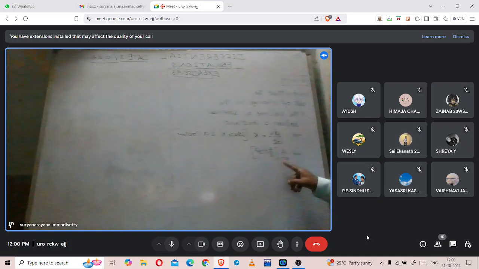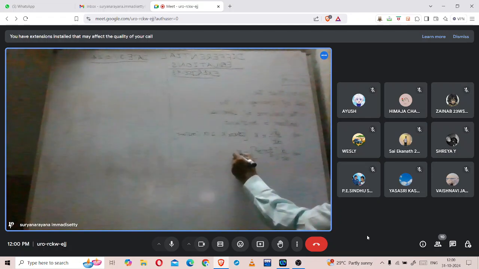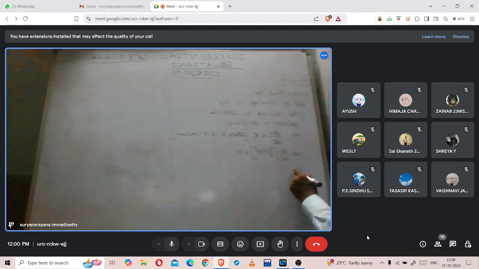So d by dt of 4 by 3 pi r cube is equal to k. Then differentiate this function with respect to t. What will you get? 4 by 3 pi, d by dt of r cube.